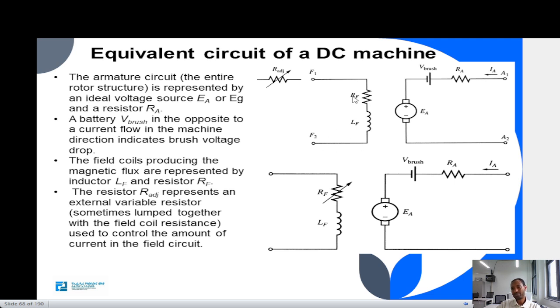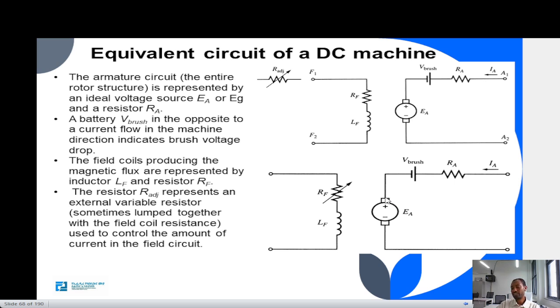Sometimes the RF and the RF adjuster can be lumped together and represented as one variable resistor. Therefore, in a simple approach, the equivalent circuit for a DC machine can be represented with this representation: field and armature.